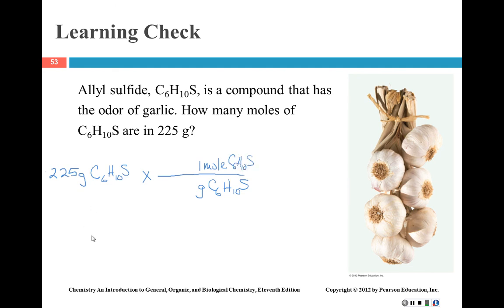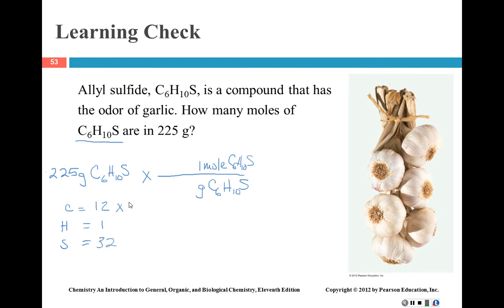All right, so now we've got to calculate how many grams of allyl sulfide are in 1 mole. So we've got C, H, and S. C is 12, H is 1, and sulfur is number 16. It is actually 32 or 32.1. We'll just say 32 for now.